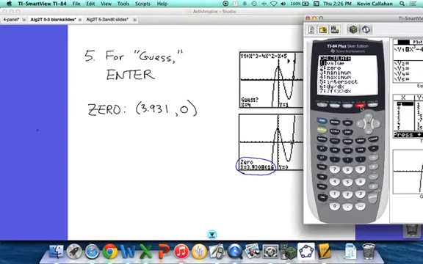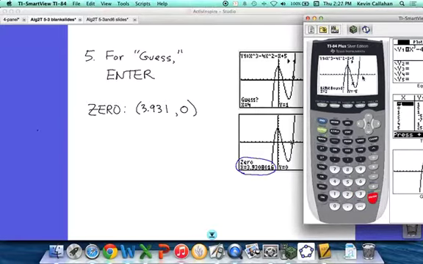Okay. Let's say I wanted to find the one on the right. Second trace 2 for that. You don't have to use just those. If I want to find that 0 right there, I can enter any value that's in that zone. If you can see it with your eye and it's easy to see, then go ahead. You could put 2 or 3. It doesn't matter, as long as it's to the left, but not too far to the left of the 0 you're looking for. So I'll enter 2.